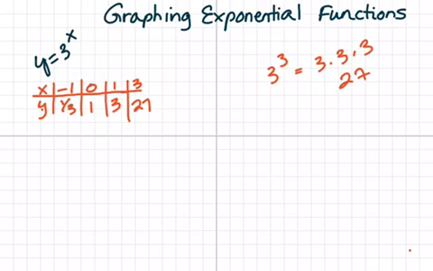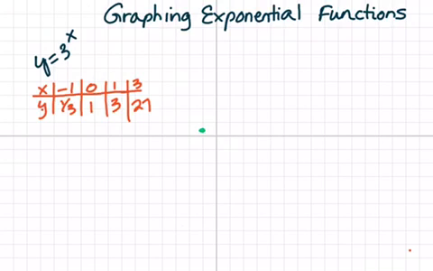Now, without doing much else, I want you to just look at these numbers. We go 1/3, which is not even a whole number, then 1, 3, and then we jump way up to 27. Do you see how that grows exponentially? So let's quickly plot these points. X is -1, y is 1/3.